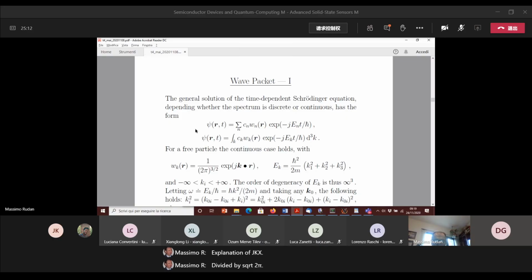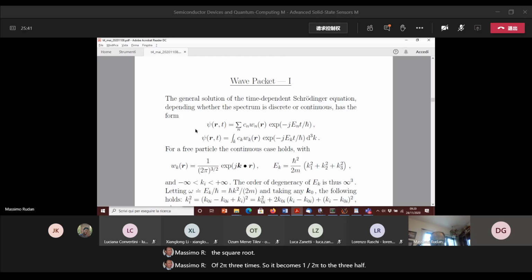In 3 dimensions, it is just the product of 3 similar functions, so it becomes exponential of j k dot r, scalar product of the wave vector times the position vector. And then we have the factor 1 over the square root of 2 pi 3 times, so it becomes 1 over 2 pi to the 3/2.